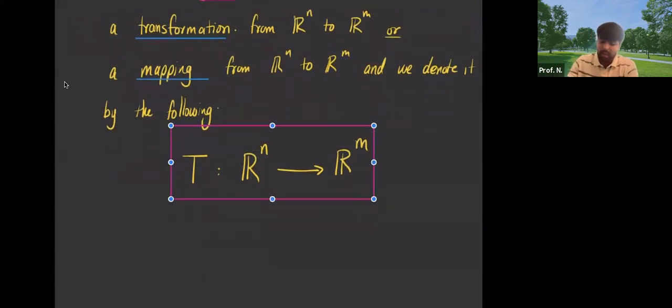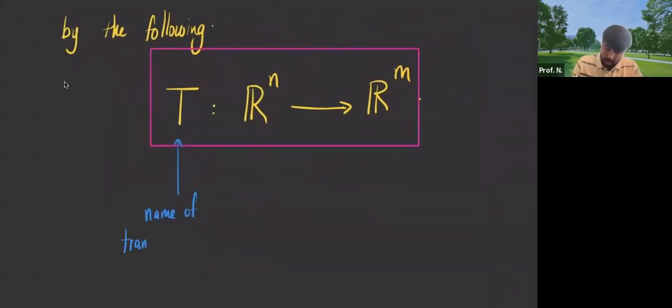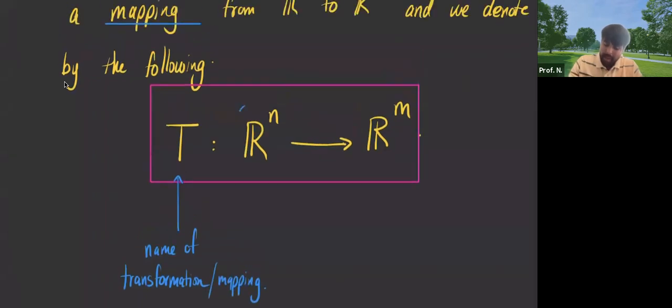T is the name of the transformation or mapping, Rn is my domain, and Rm is my codomain.